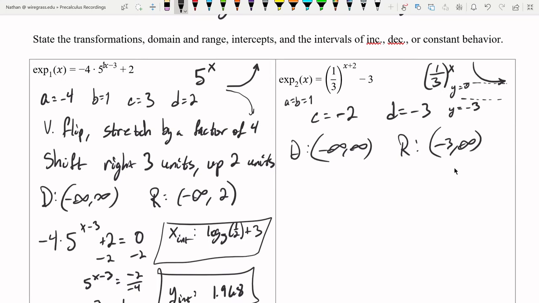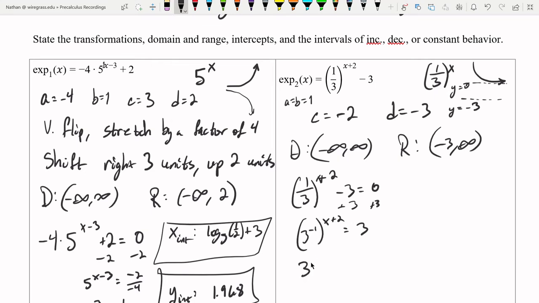Okay, the intercepts. So we have to solve for when it equals 0. I'm going to add 3. I'm going to change this base to be 3 to the power of negative 1, and then I'm going to multiply these powers together, by the rule of the exponents.